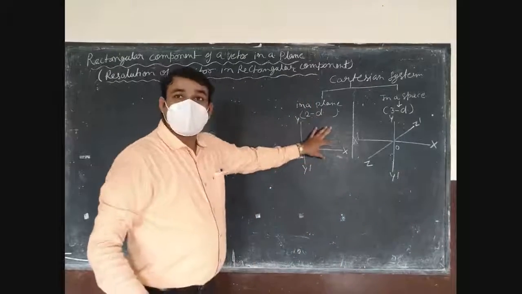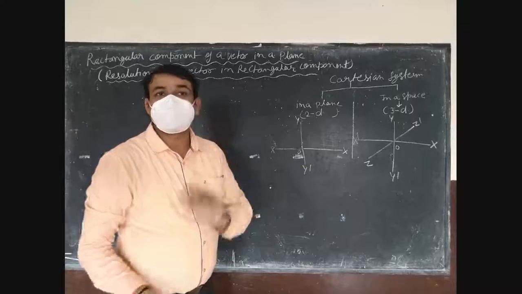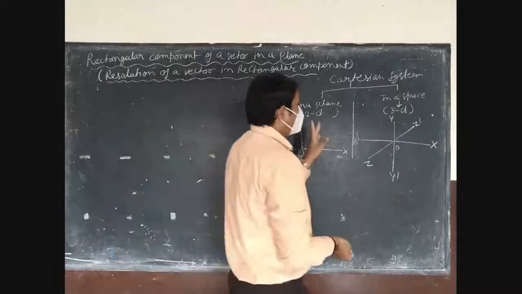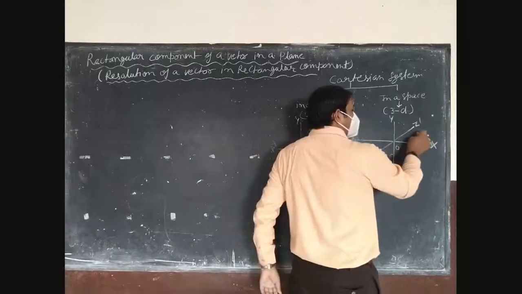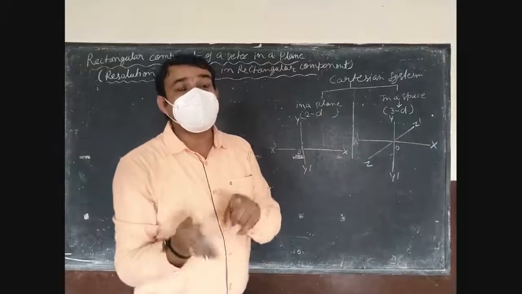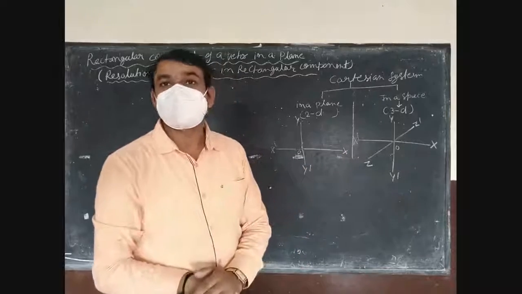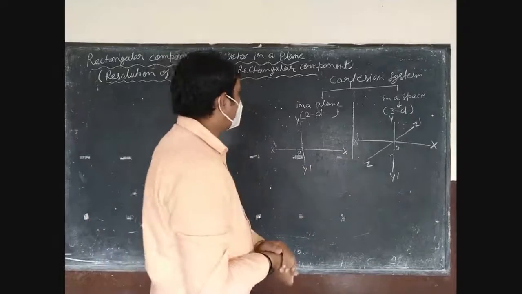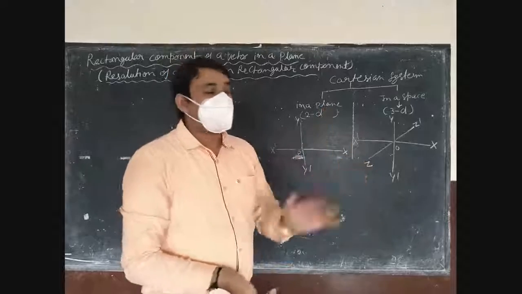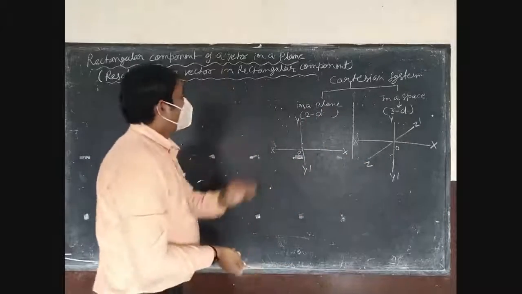If we are discussing in 2D space, we get the rectangular component, and if we are discussing in 3D space, then it is again the rectangular component, but it is calculated by using a parallelepiped.